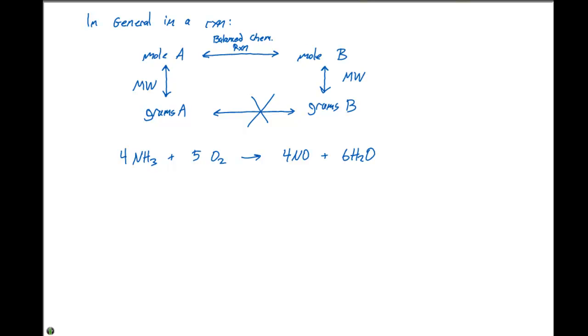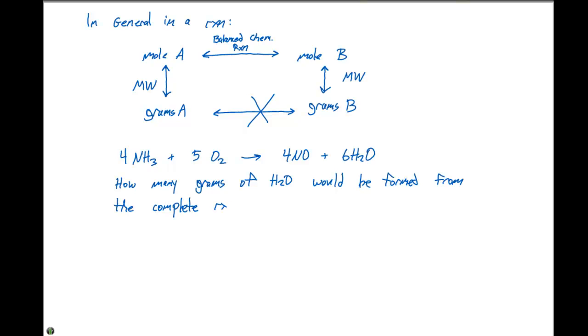What we need to determine here is how many grams of H2O would be formed from the complete reaction of 5.0 grams of NH3.